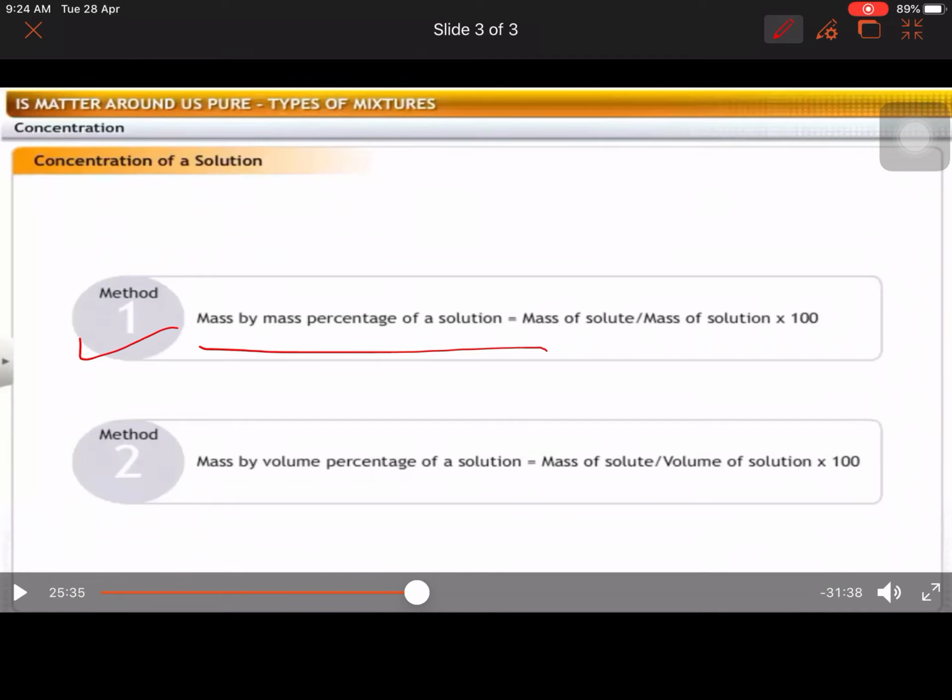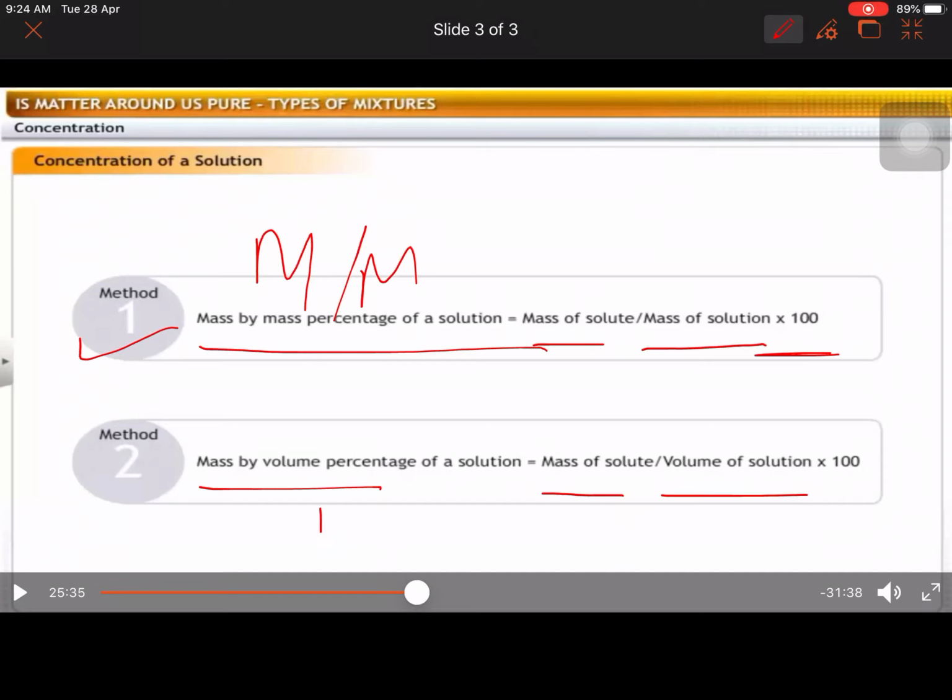Mass by mass percentage of solution means mass of solute dissolved in mass of solution into 100. This is the mass percentage. Mass by volume percentage can be written as mass of solute upon volume of solution. This is m by m and this is m by v.